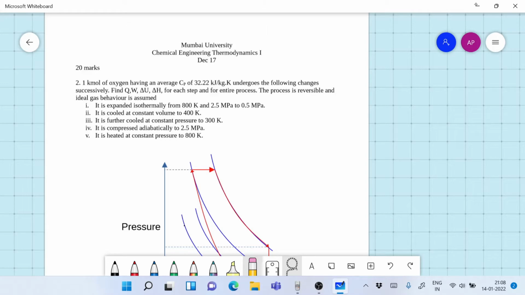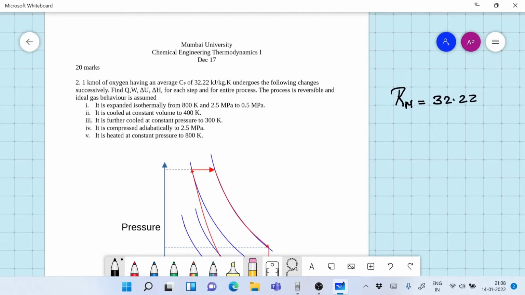At the outset, I would like to clarify to all my viewers that the value of Cp given here is 32.22 kilojoule per kg Kelvin, and that has come in the question paper. All the researchers say that the value for oxygen in molar units is 32.22 kilojoules per kmol Kelvin.